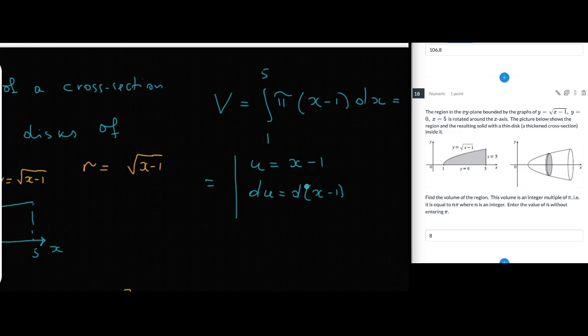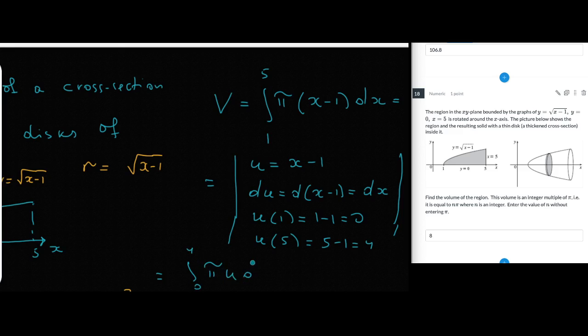Now the derivative of x minus 1 is equal to 1, and so what we will find is that the differential of u is the same as the differential of x. What about limits of integration? When x equals 1, u will be 1 minus 1, 0. When x equals 5, u will be 5 minus 1, 4. And so by making this substitution, we get an integral from 0 to 4 of pi u du.